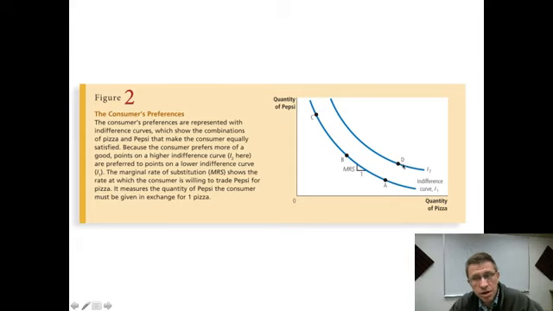As long as these products aren't bads for you, as long as you always want more of the product, point D is 100% superior to point A. What that also means is every point on indifference curve 2 is preferable to every point on indifference curve 1. So here you have two different indifference curves. Indifference curve 2 is clearly preferred by the consumer to indifference curve 1 because more is better.